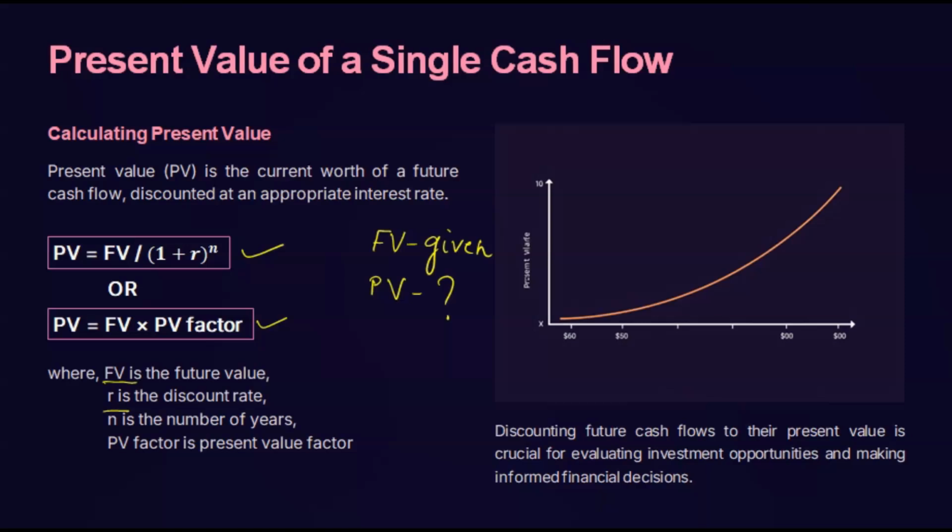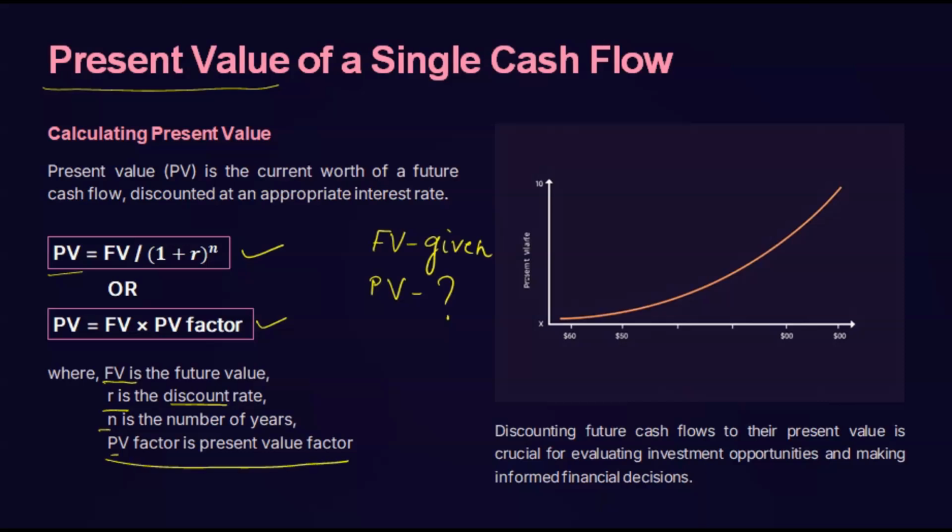So the discount rate will be given here. It is denoted by the same variable r, but the name has changed. In the future value methods, r is known as interest rate, and in the present value methods, r is known as discount rate. Present value methods are also known as discounting value methods. So r is the discount rate and n is the number of years. PV is present value and PV factor is present value factor.